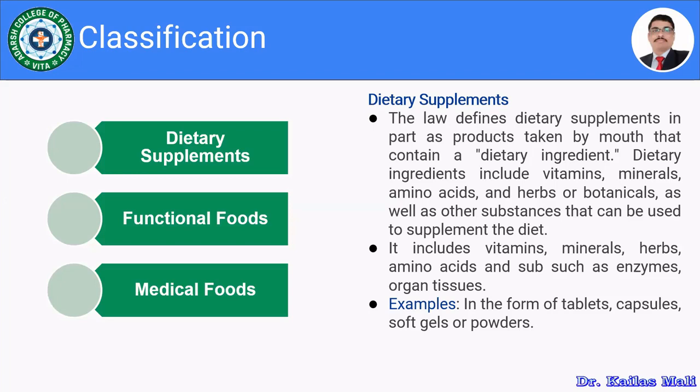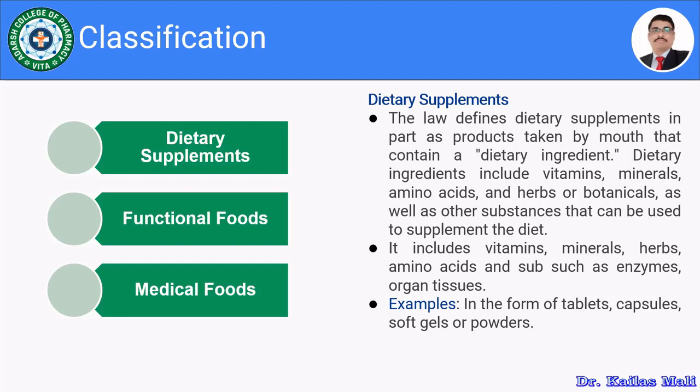They include vitamins, minerals, amino acids, herbs or botanicals, as well as other substances that can be used to supplement the diet. In brief, it includes vitamins, minerals, herbs, amino acids, and substances such as enzymes and organ tissue. They are considered dietary supplements.